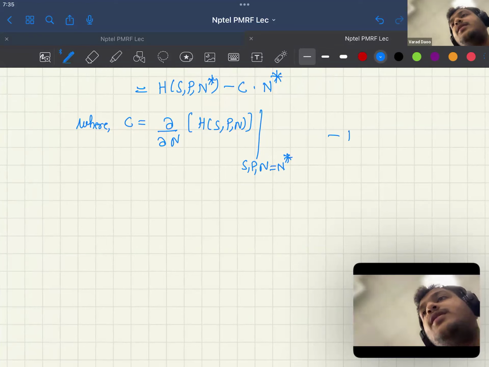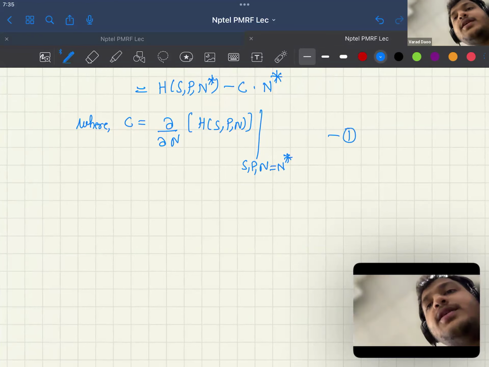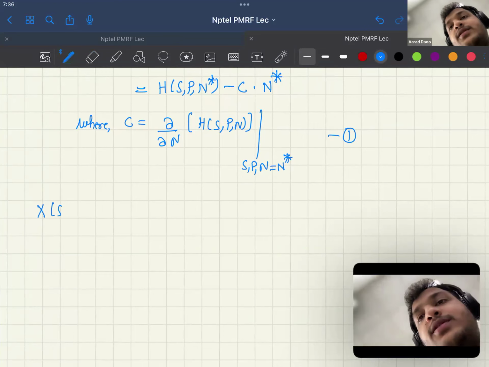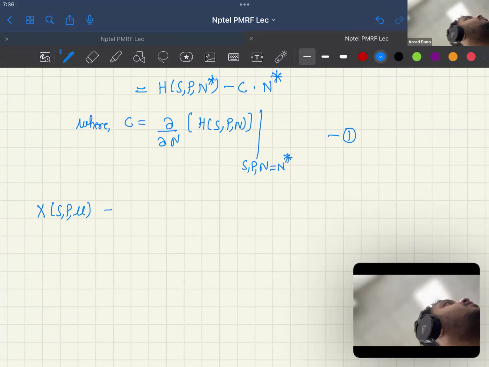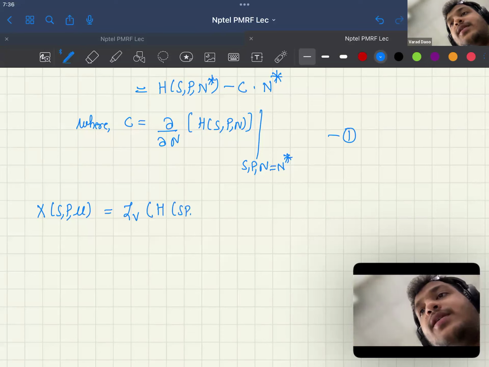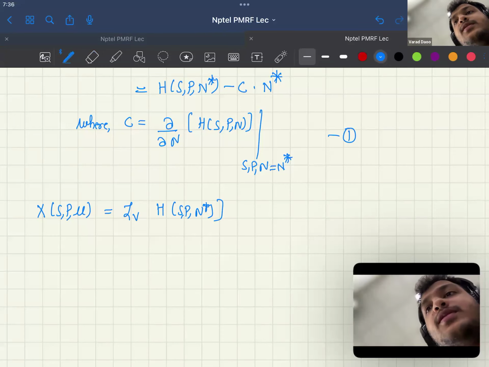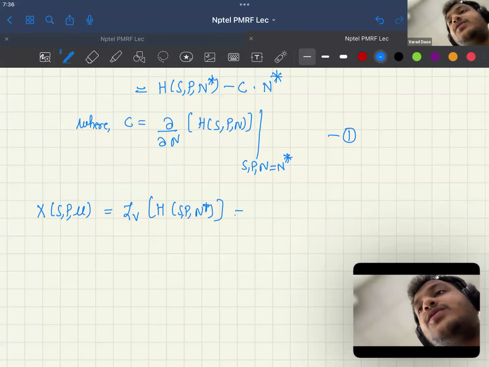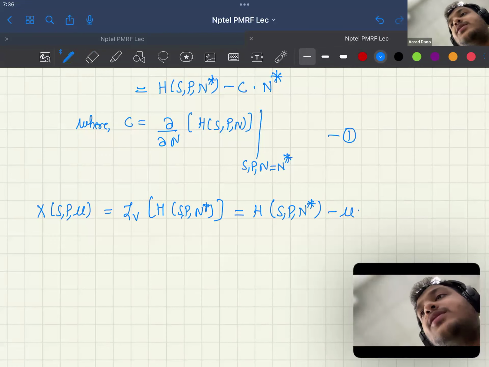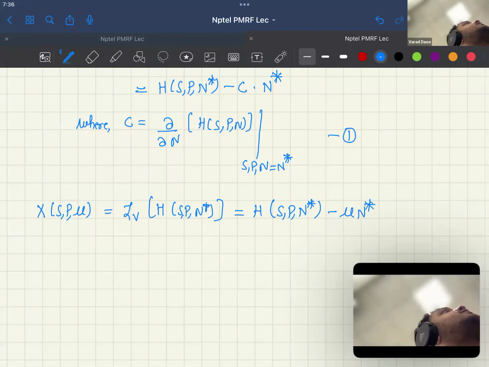That is number one. The other is X of S, P, mu is equal to Lagrangian of, again writing the same thing, S, P, N star, which is equal to H of S, P, N star minus mu N star, right?